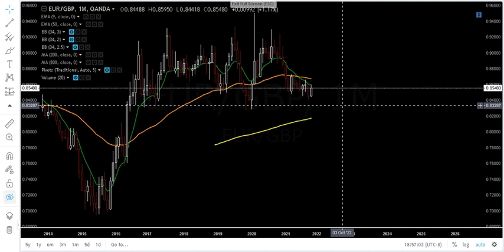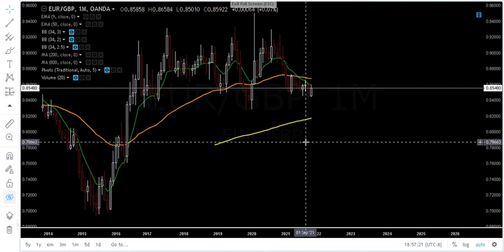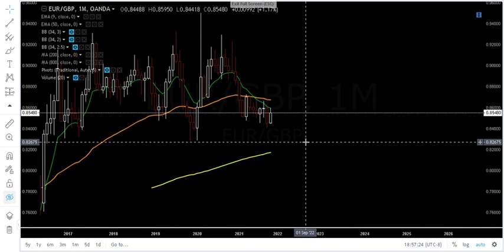Monthly, weekly, daily, H4, H1. So right now we're in a downtrend on the monthly. So yeah, that's the overall.